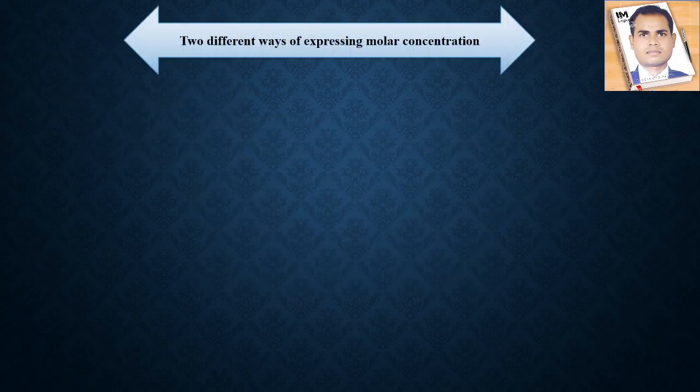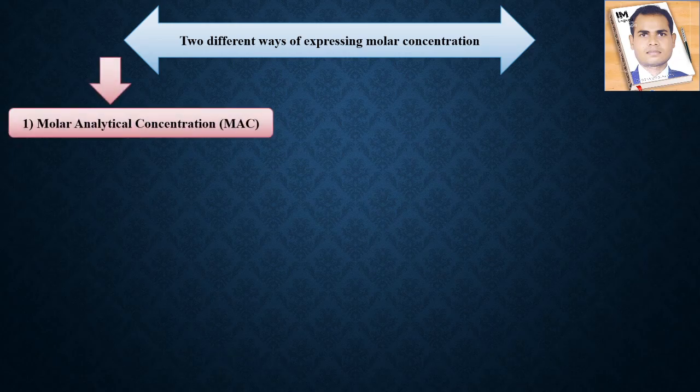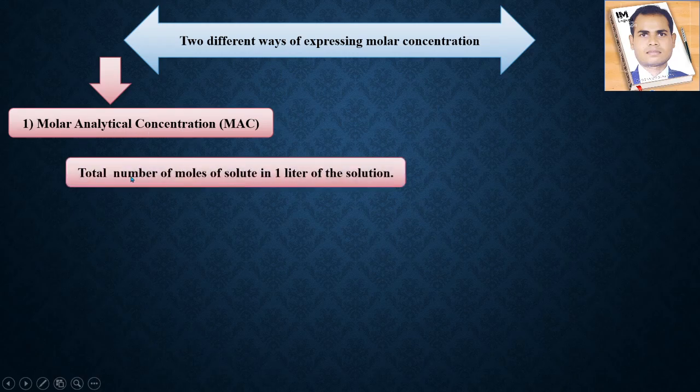And next are the two different ways of expressing the molar concentration. The molar concentration is divided into two types. The first type is MAC, which is the short form of molar analytical concentration. In this case, it is the total number of moles of solute in 1 liter of the solution.